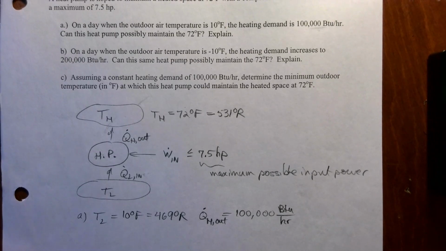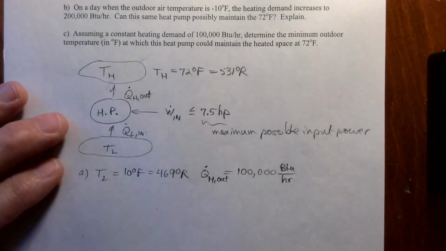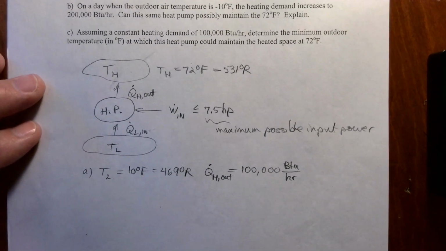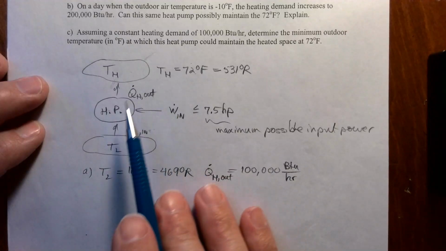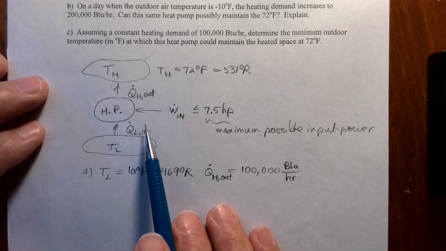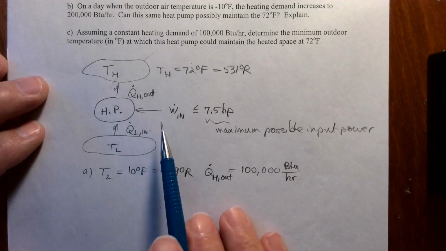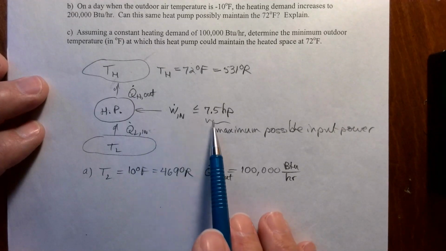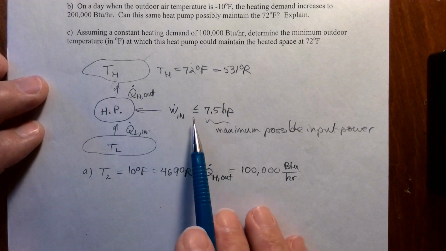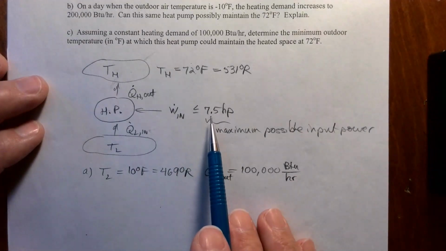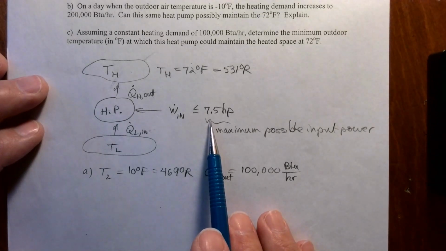Okay, so can this pump work for this? There's a couple of ways that we can go about this. One is that we could theorize and calculate what is the work required and then compare that to this efficiency, or we could say, let me just evaluate the maximum efficiency and calculate what the efficiency of this device is.